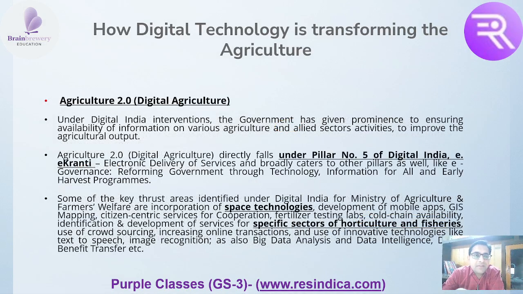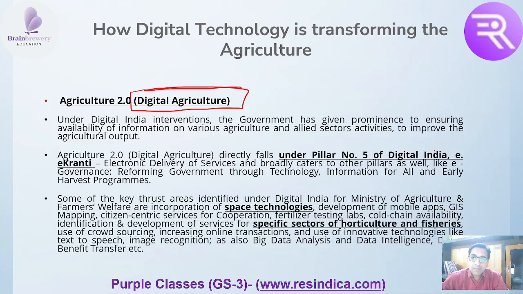Then we have agriculture 2.0, digital agriculture. In agriculture 2.0, the main focus of the government will be enhancing digital agriculture and the digital infrastructure of agriculture.